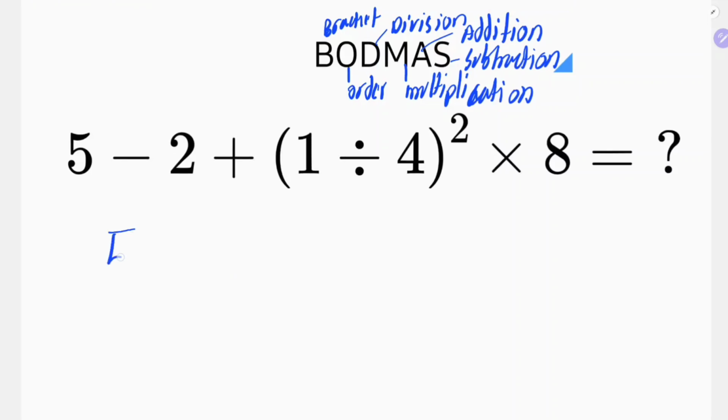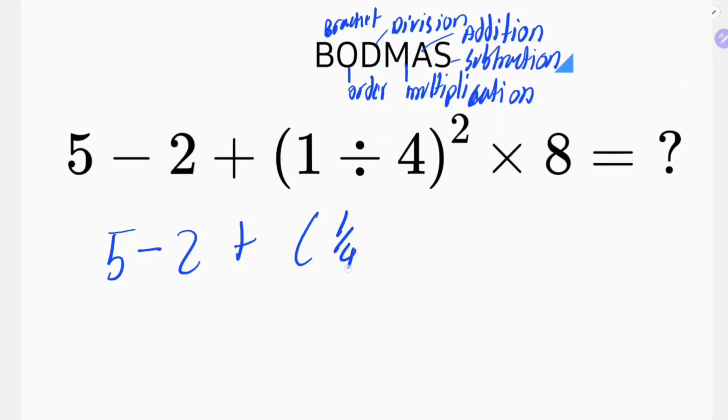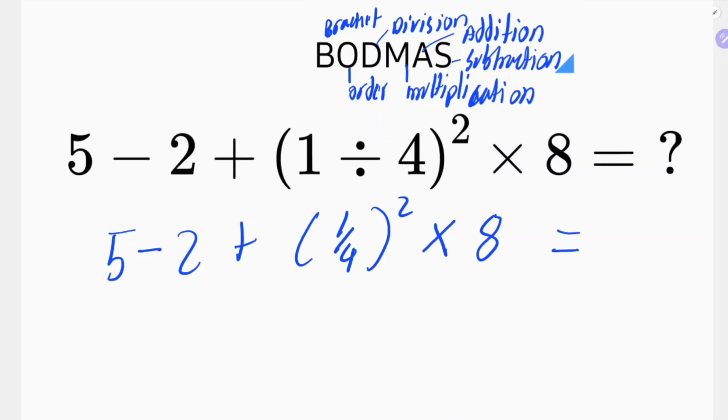Okay, we'll start with 5 minus 2 plus, if we're solving the bracket first. Inside the bracket now we have division. So 1 divided by 4 is basically 1 divided by 4, all squared, multiplied by 8. And then we should be equal to, we don't yet know.